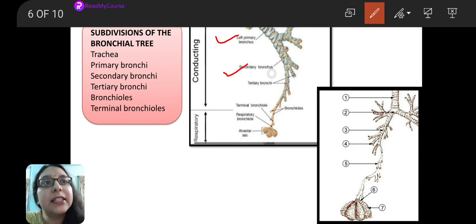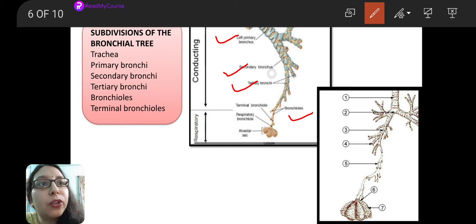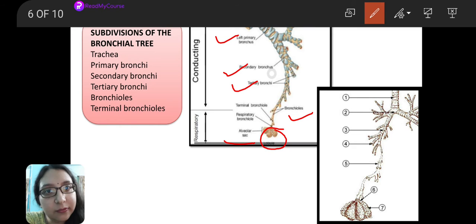Secondary bronchi. These secondary bronchi again branch to form the tertiary bronchi. The tertiary bronchi ultimately give rise to bronchioles. And see the final end structures of these bronchioles, these sac-like structures, are the alveolar sacs. So trachea, primary bronchi, secondary bronchi, tertiary bronchi, bronchioles or terminal bronchioles, and ultimately terminating in what?